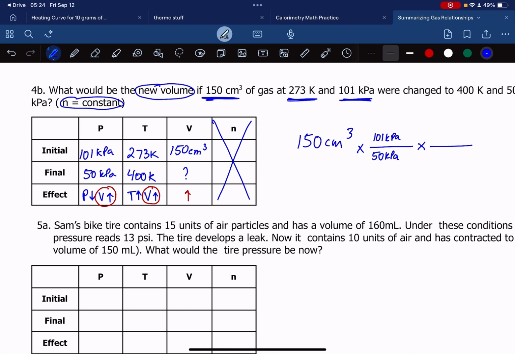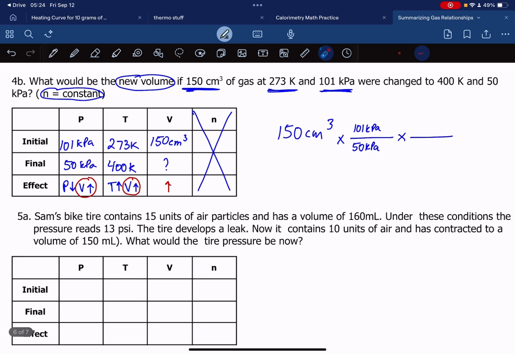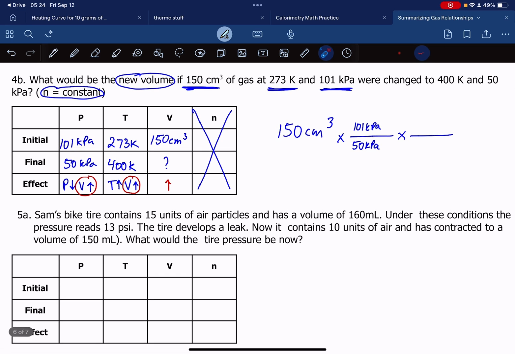This is where it's different, because now I have a second ratio to keep in mind. I also need to account for this temperature change. My temperature is increasing, which makes my volume increase. So my temperature ratio, this ratio right here, should also contribute to making my volume bigger. So I'm also going to put my larger one on top here. Cool.